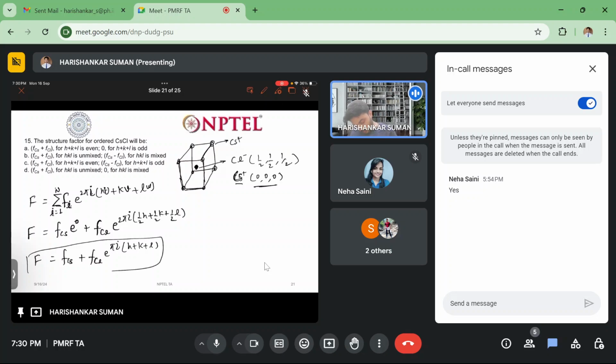So this is the structure factor for CsCl. Now if h, k, l are given, even, then this will be Cs plus Cl.